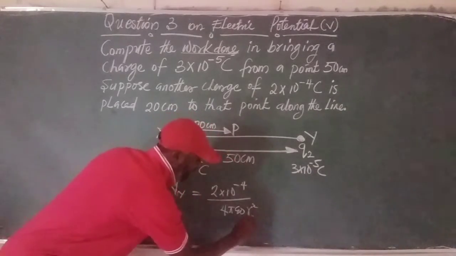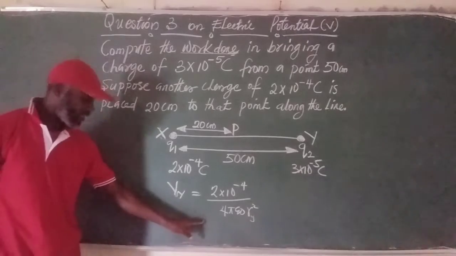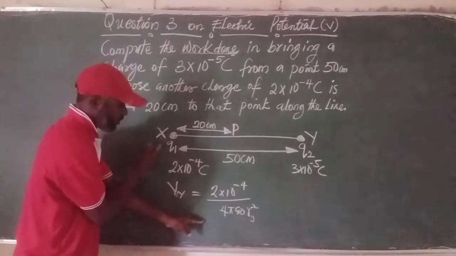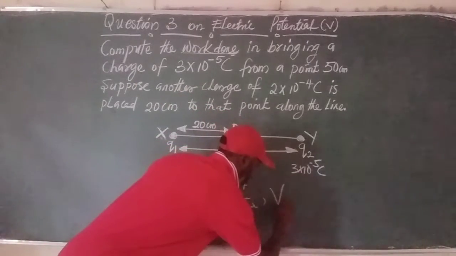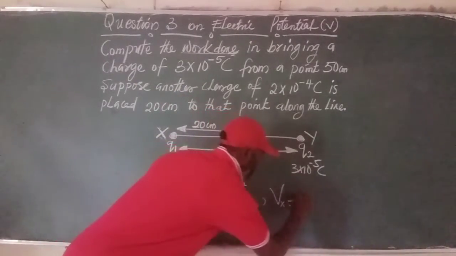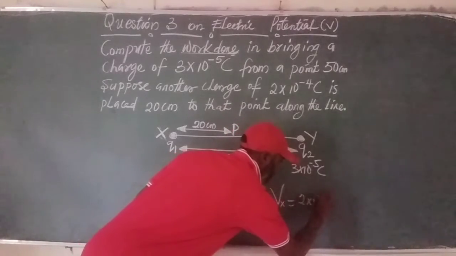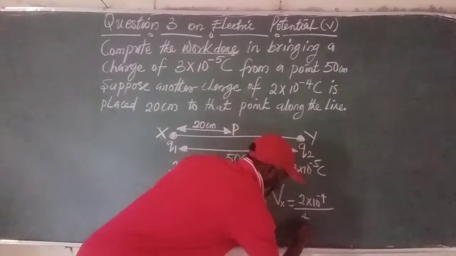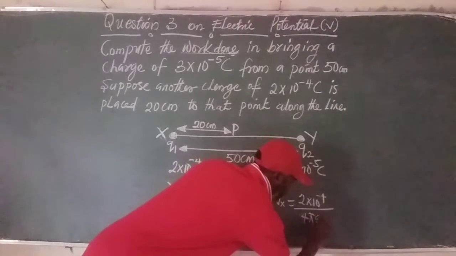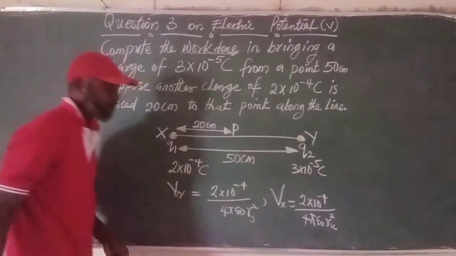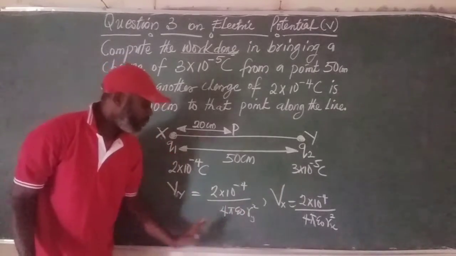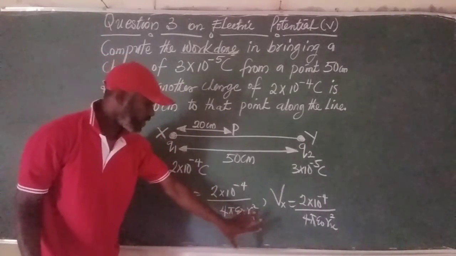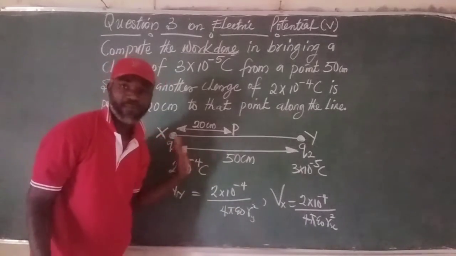That should be for Y. Then potential at X, Vx is equal to the same value, 2 times 10 raised to the power minus 4 all over 4 pi epsilon naught r squared. This one is X, this is Y. So with this, we'll be able to find the potential at each point, respectively.